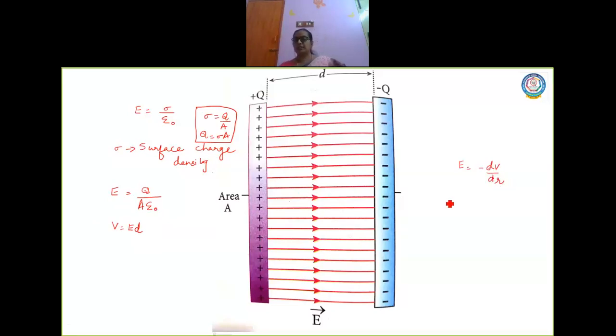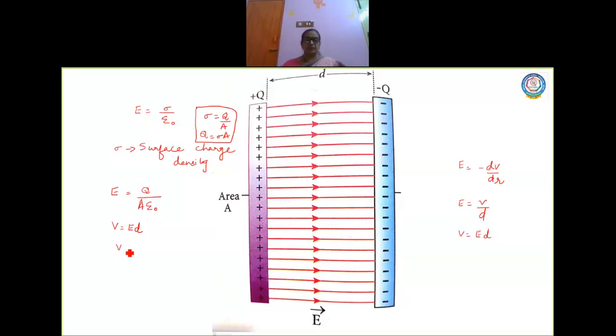And I also said that E equals V by D is also a formula for electric field. So from this I have the formula for potential to be V equals E into D, right?